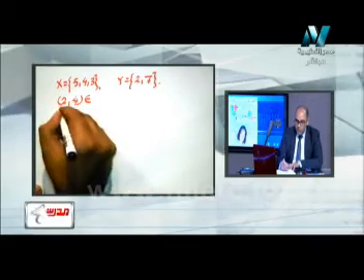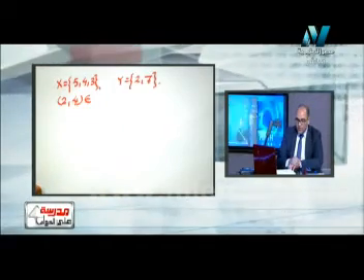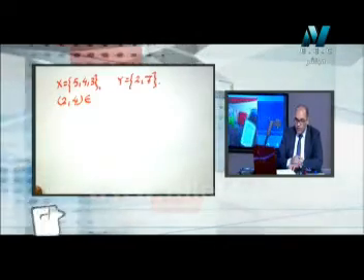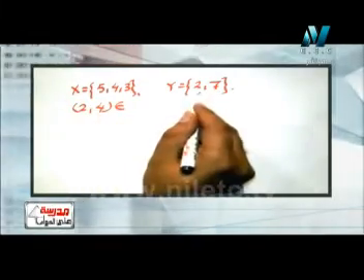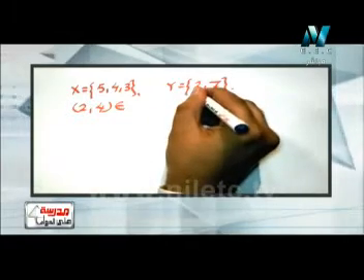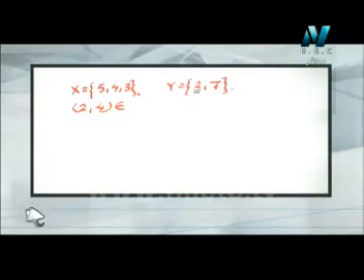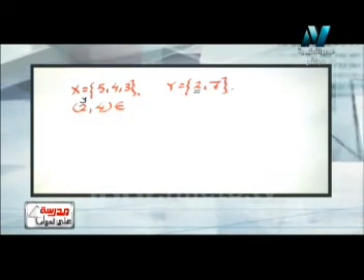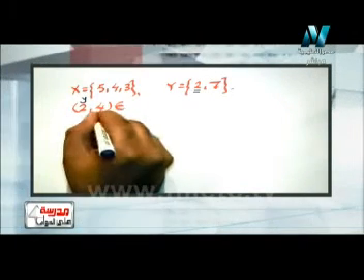Ask yourself, which set does 2 belong to, x or y? 2 belongs to y. So we can put here y. Now, what about 4? 4 belongs to the set x.